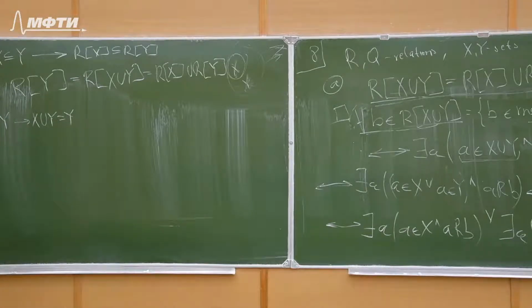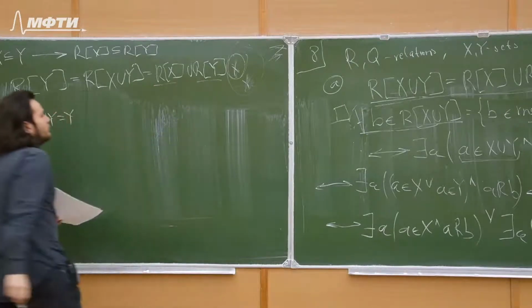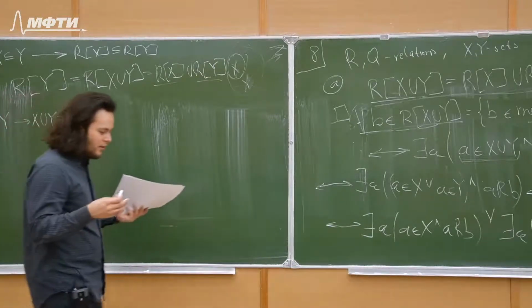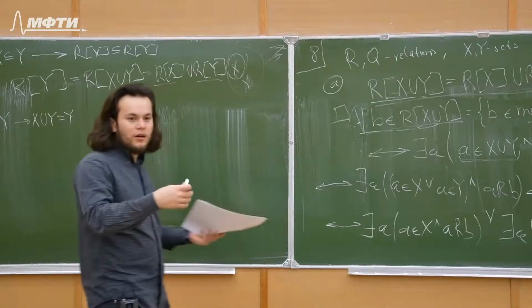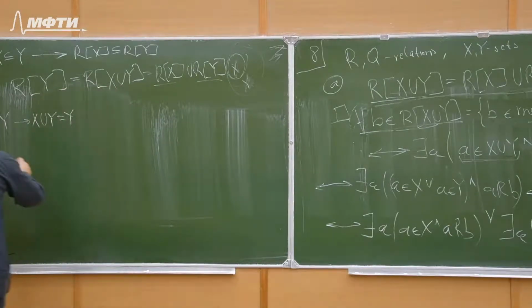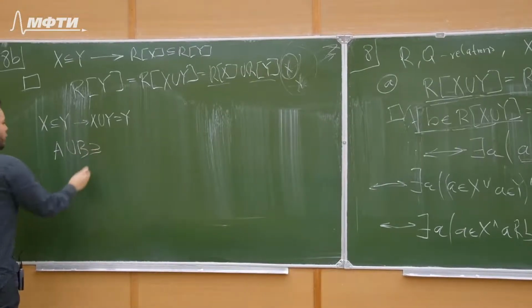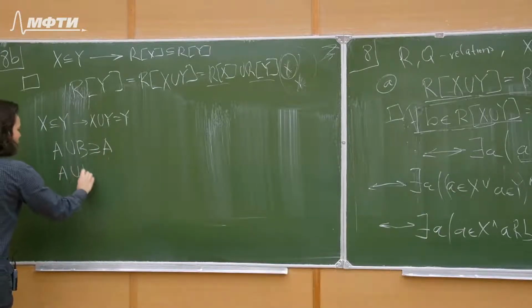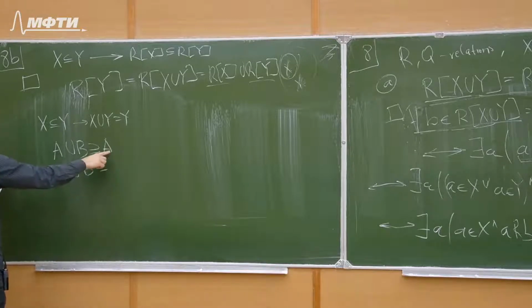So we have the union of two sets, and the union of two sets always contains these two sets. So if we have, for example, A union B, then we know that A is a subset of this, and B is a subset of this. We know this.